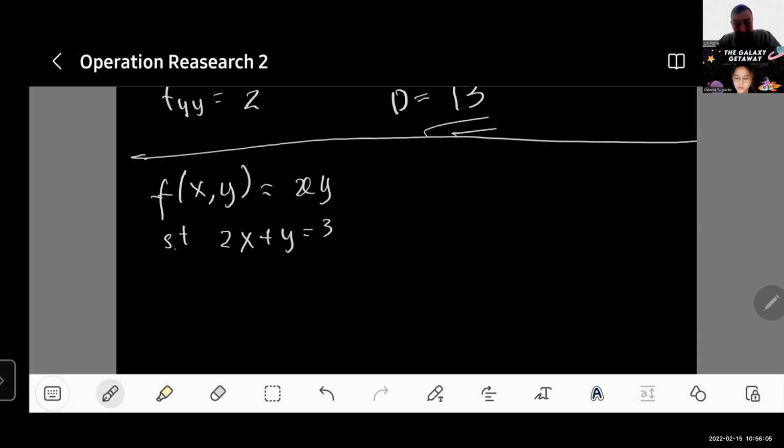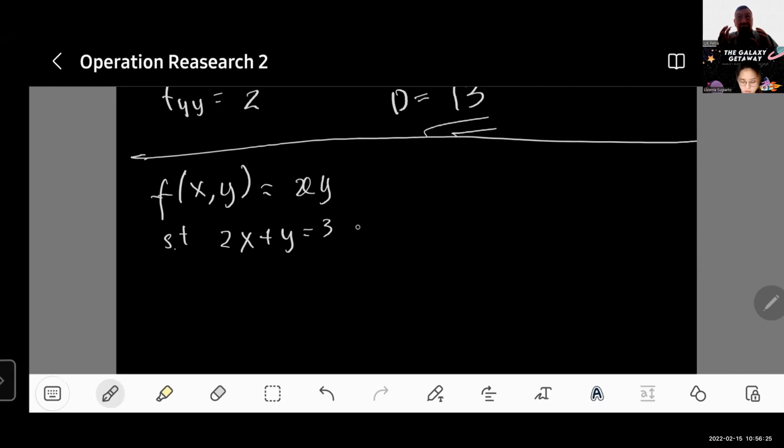The objective is to minimize xy, and the constraint is 2x plus y equals 3. The constant is lambda.